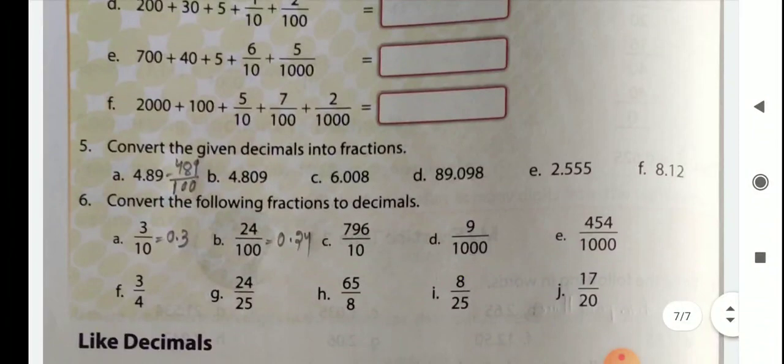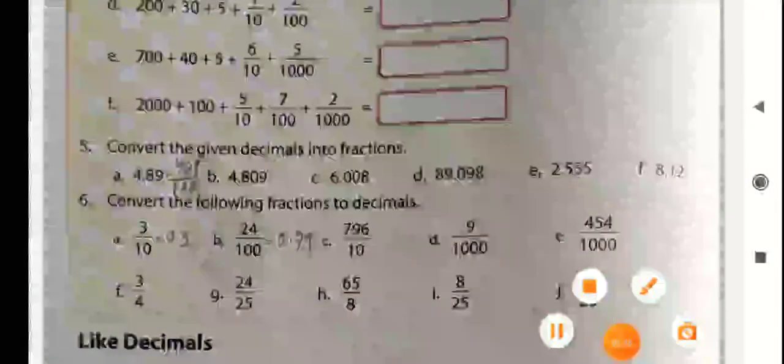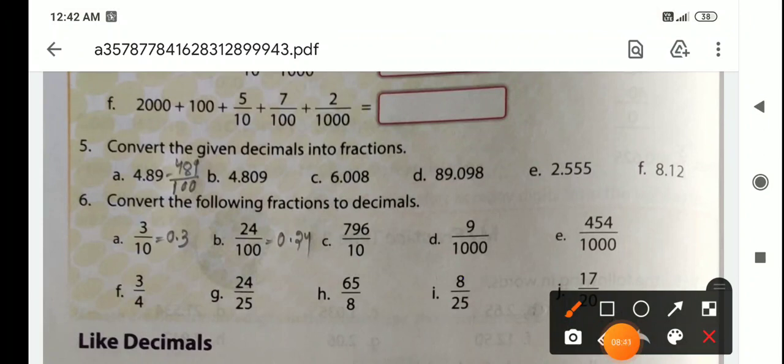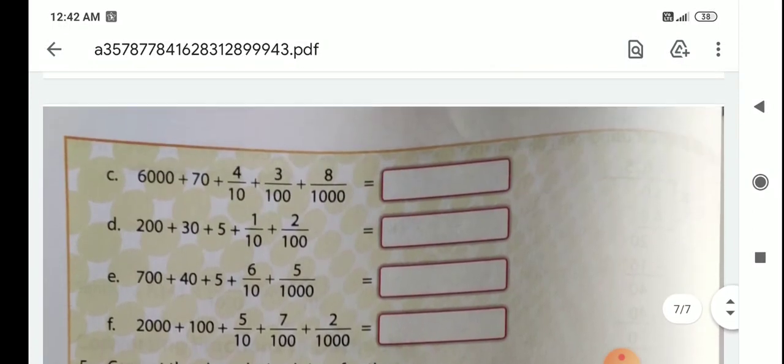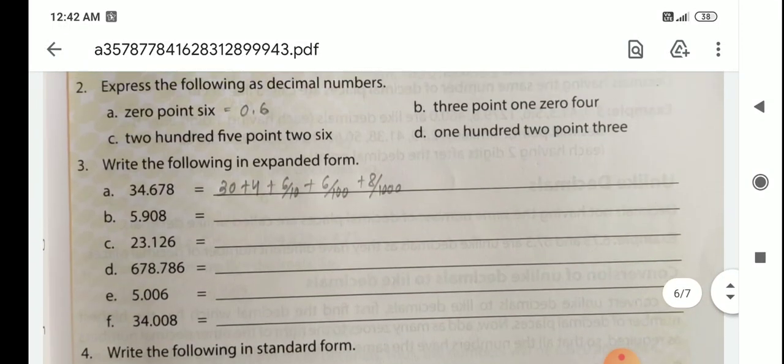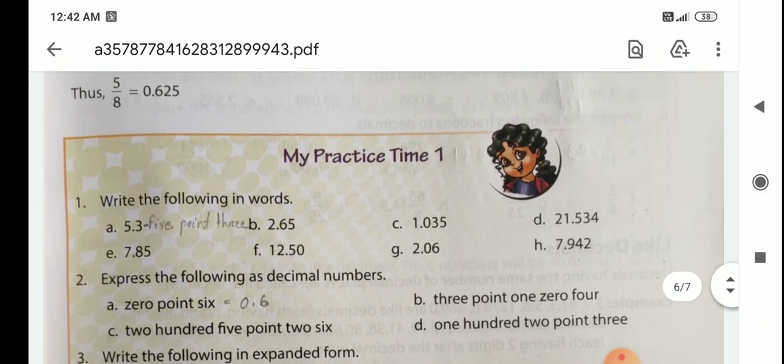Here 4 by 25 is given, so you first convert the denominator to 10 or 100 or 1000, then you write the decimal number. Okay. So first you follow all the examples, then you do this my practice time 1. Okay.